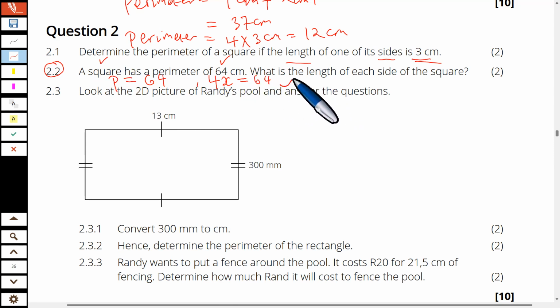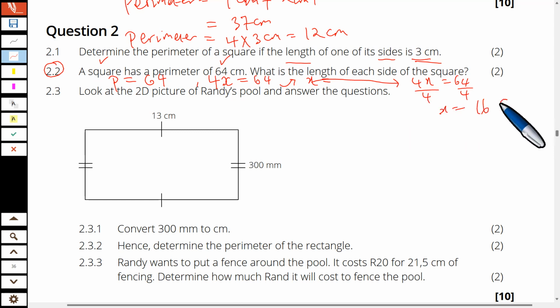To get x, you divide on the left by 4 and you divide on the right by 4, and then x is 64 divided by 4, which is exactly 16 units.